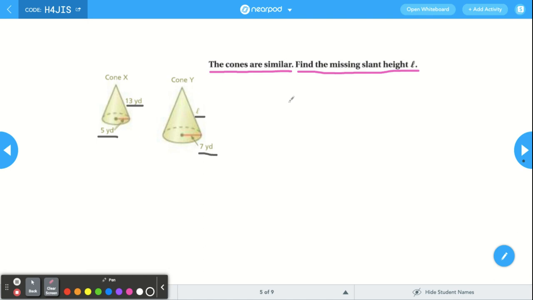So I'm going to put, since cone X is a little smaller, I'm going to put its measurements on the top. So the first numbers that I'm putting down are going to be from the radius. So 5 corresponds to 7, so 5 is to 7. And then on the other side, 13 is to L.